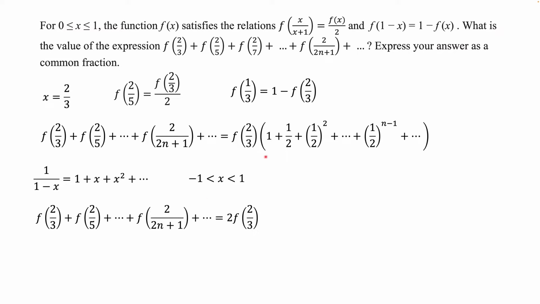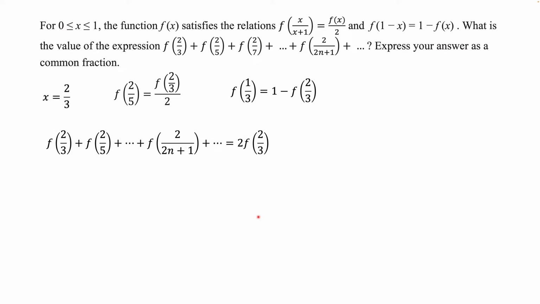So we can rewrite this parenthesis simply as a factor of 2. All right. So now what we want to find is 2 times the value of the function at point 2/3. But now I actually need to find this f of 2/3.